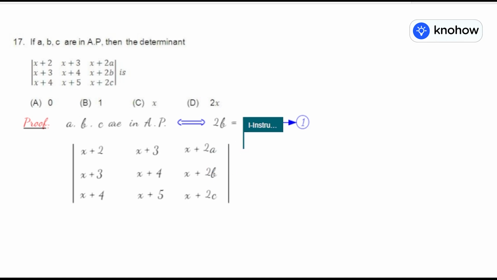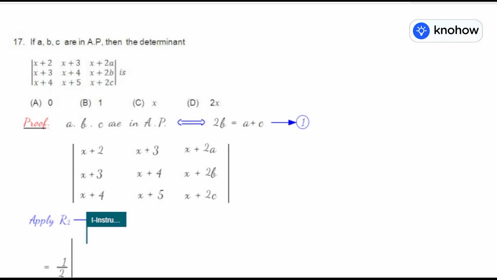Now, what you do in this, that you apply R2 minus, first of all it is better that you multiply R2, replace R2 by 2 times R2. That is, multiply the elements of row 2 by 2, and to compensate it, keep half outside.